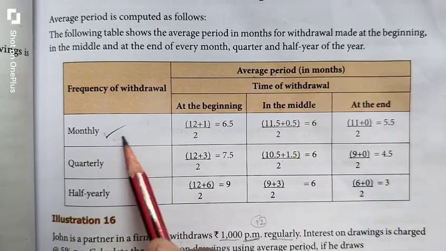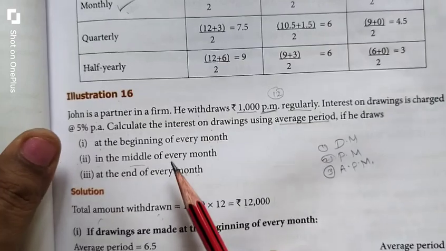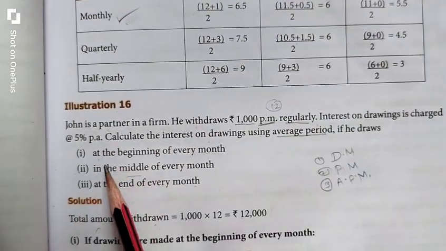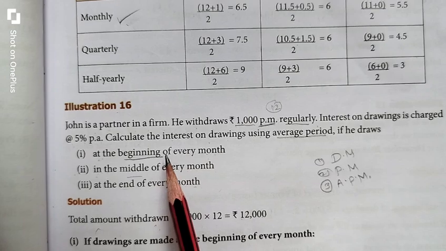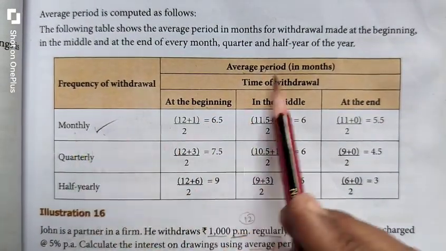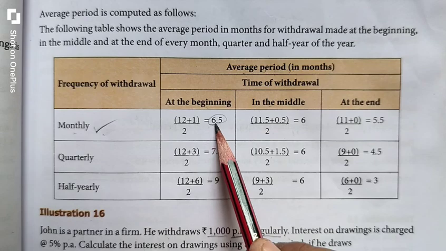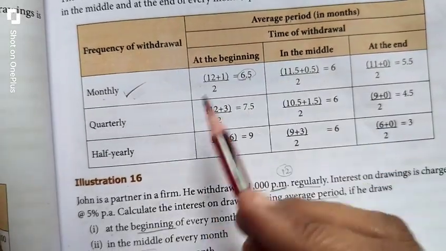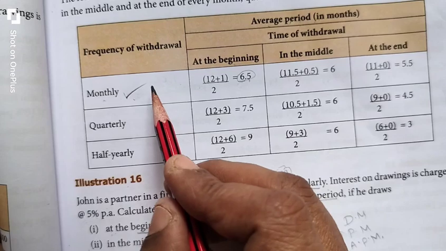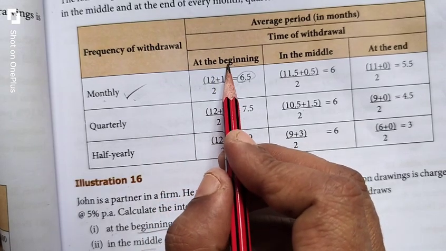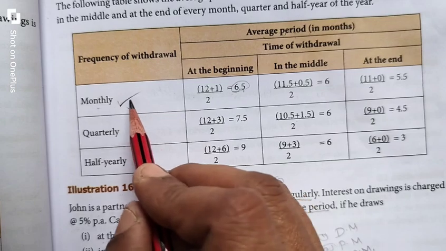There are three situations given here. If he takes at the beginning of every month, the average period is 6.5. How will you get this 6.5? If John takes 1000 rupees at the beginning of every month regularly, how many months are there in a year?